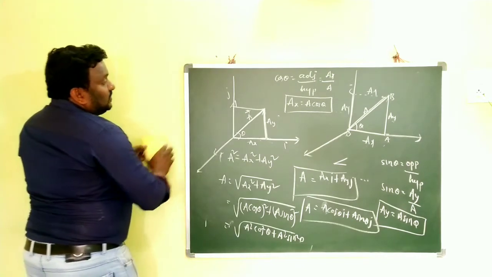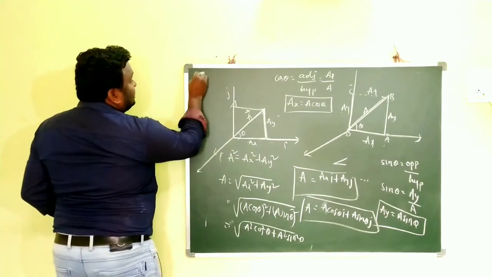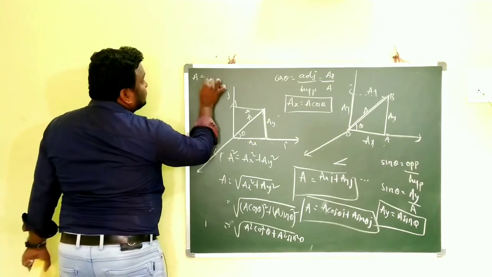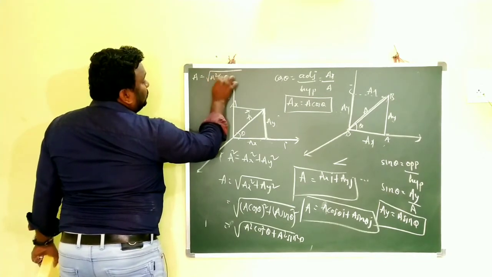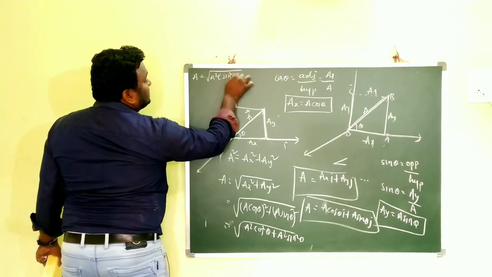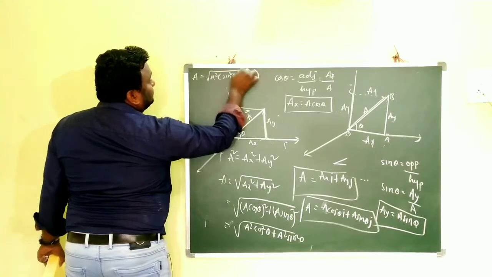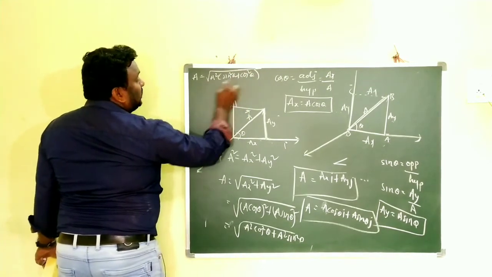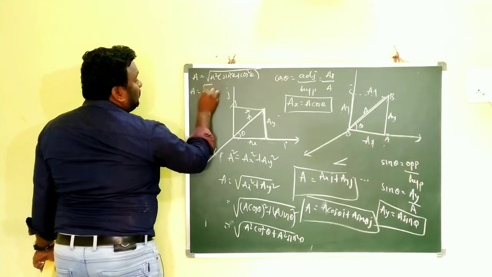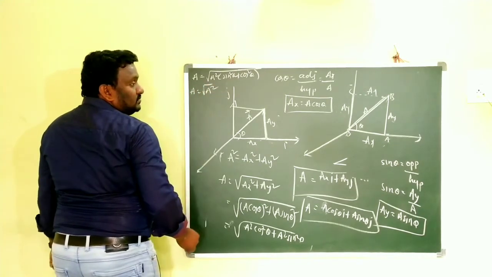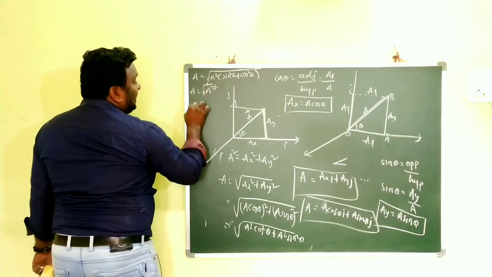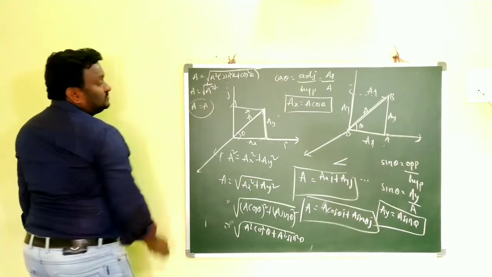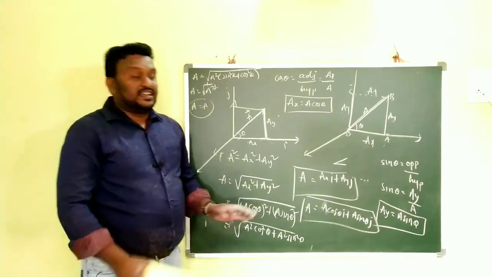A square is common, so A square into sin square theta plus cos square theta. This value is equal to 1. Then A is equal to under root of A square. The square root cancels, and we get A is equal to A. So what we selected is right.